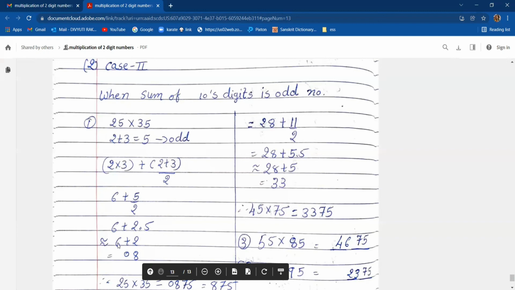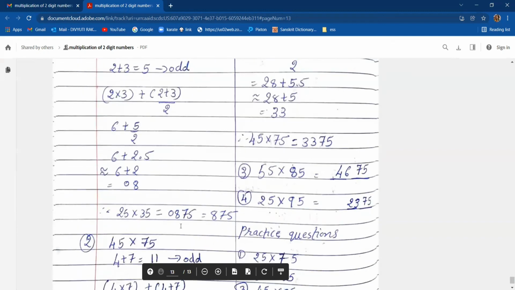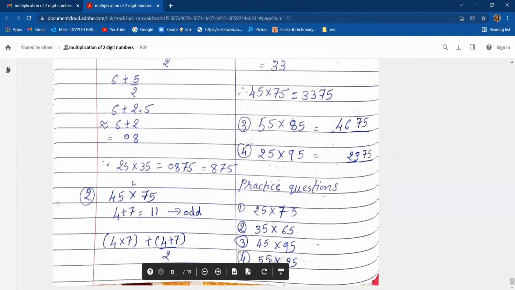Whatever answer you get, that you will consider as your first two digits. So here it is 2.5. From 2.5 I will consider only 2. So the answer will be 8, and the final answer will be 875. Why did we write 75 here? Because your sum is odd. Clear? Both the methods are the same, but here only in the decimal part you need to focus.